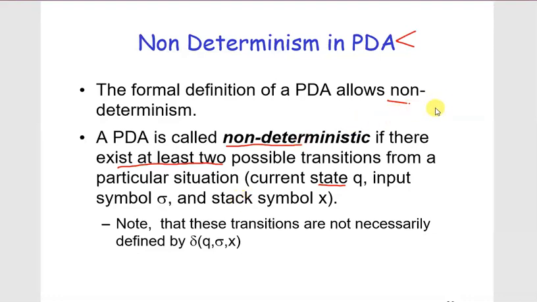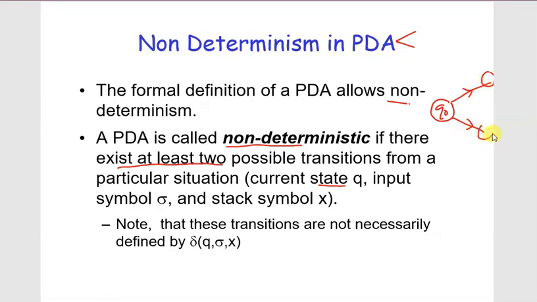For example, from Q naught, reading the same symbol, and also the same symbol in the stack, there are two situations from Q naught to another state with the same alphabet and the same symbol in the stack. This is non-deterministic.